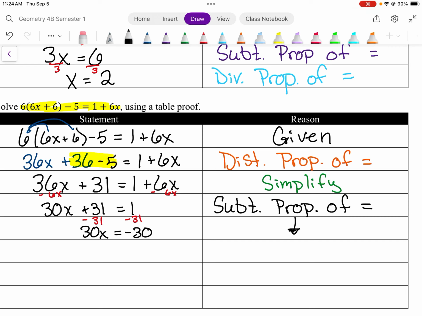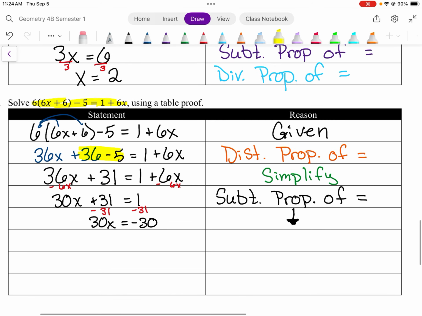If they are used right after each other, you still have to write two separate statements, but we don't have to write the reason again. You can just put an arrow, only if they're right next to each other like that. So you'll have two separate statements, but you can use the same reason multiple times.